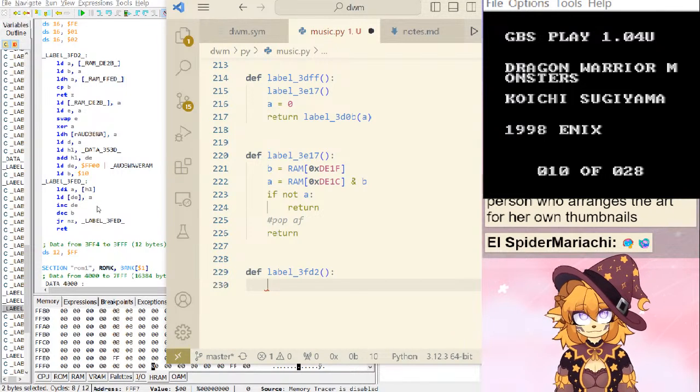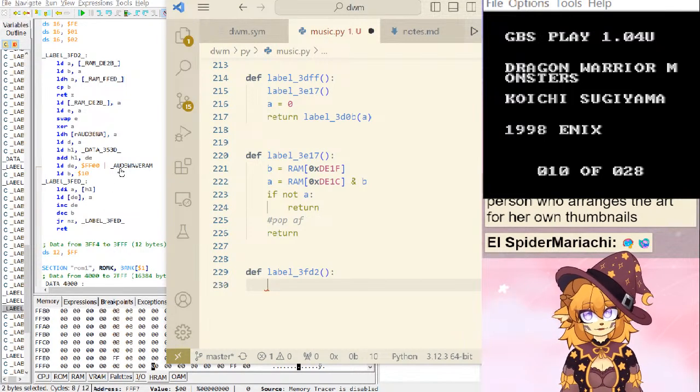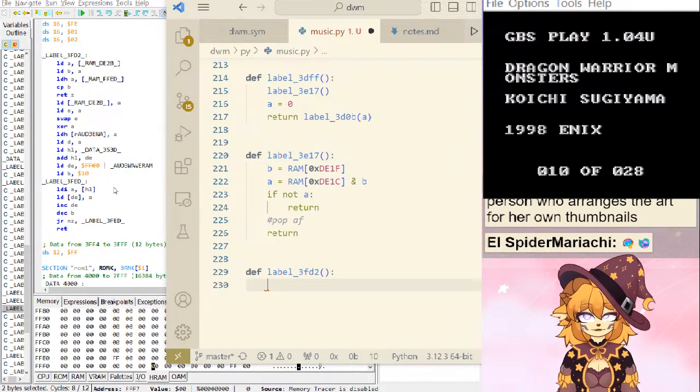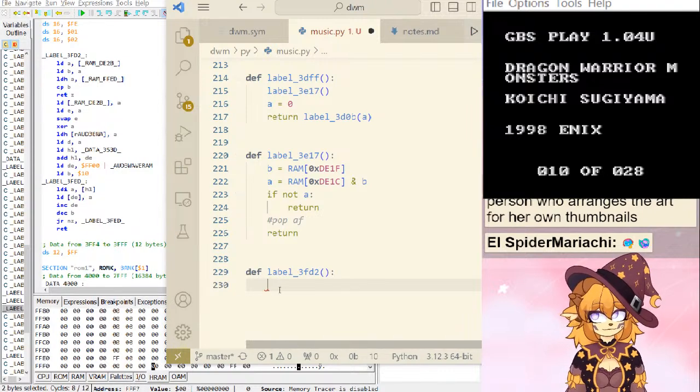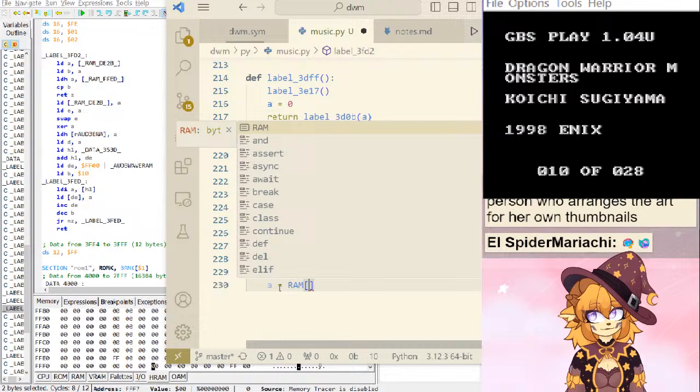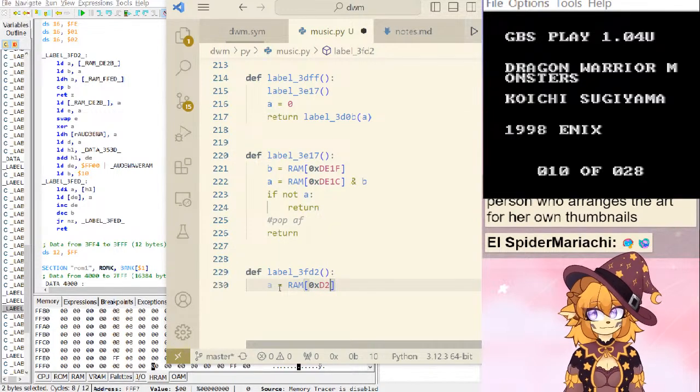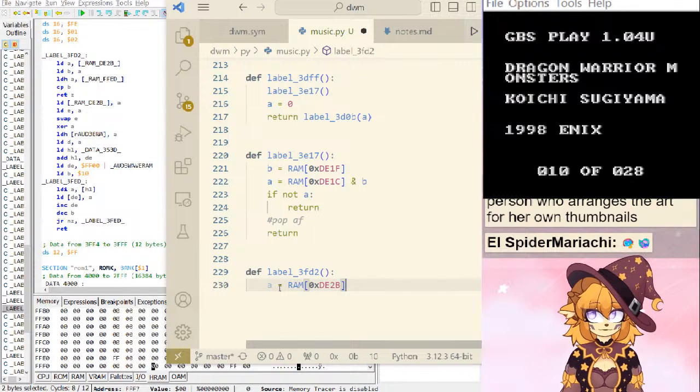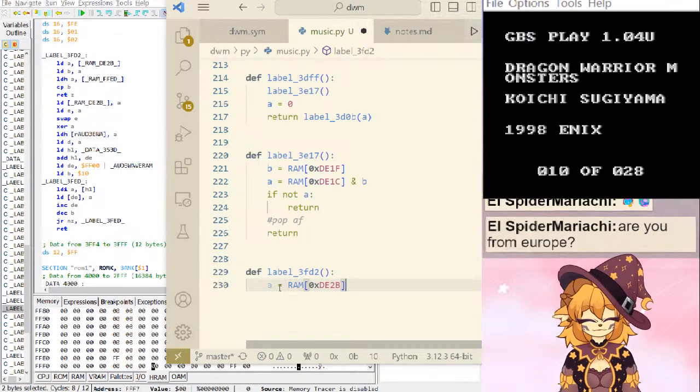This looks like the sample loader. Okay. I'm excited to get into that too. We know a little bit about it from earlier.